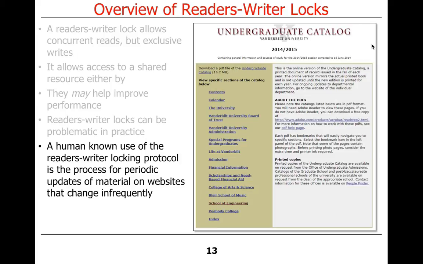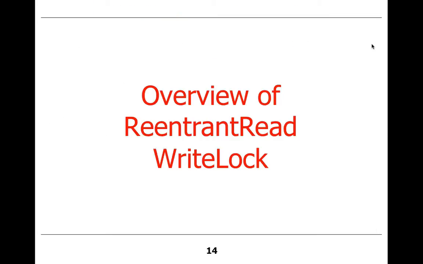So a readers-writer protocol in real life would be how do they go about updating the website, right? Most of the time, it's just a read-only thing, and you don't really need to lock anything. But every so often, you've got to come along and grab that lock and update the content. And during that time, at least in theory, you don't want people to get half of one document and half of another. Or at least you don't want your data structures corrupted. So that's a quasi-human known use.